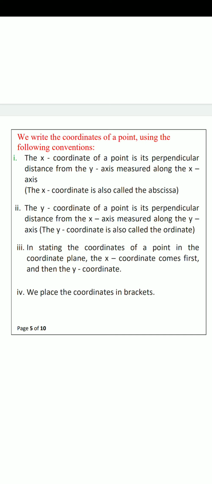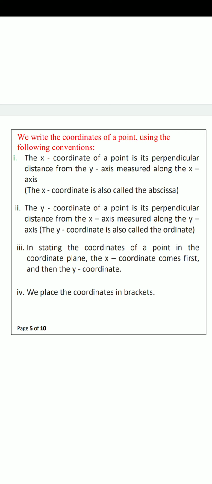Generally, in the first exercise we were explaining from which side you have to measure first, or which edge you have to measure second. But in the Cartesian plane we make a fixed rule, that is the universal truth. So we always place the coordinates in brackets. Is it clear?